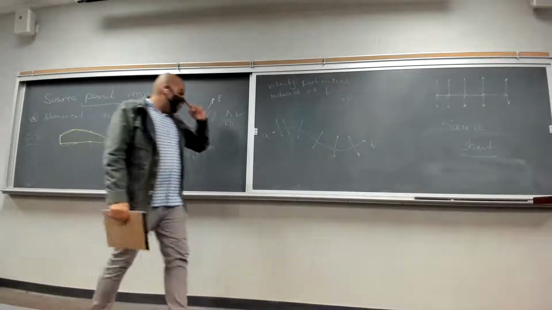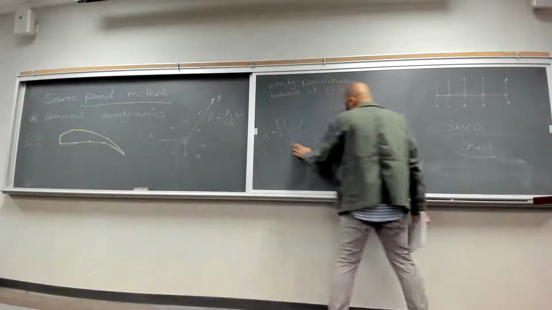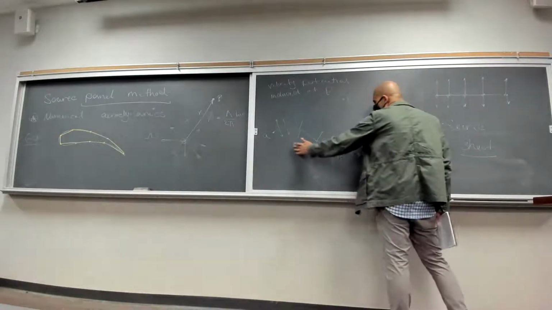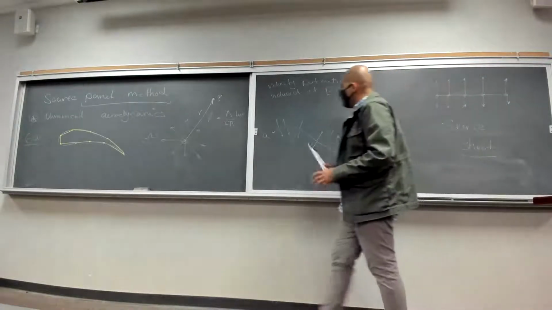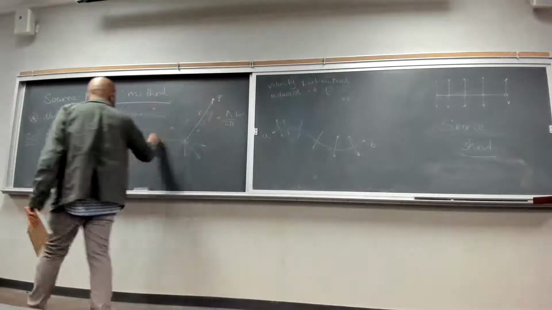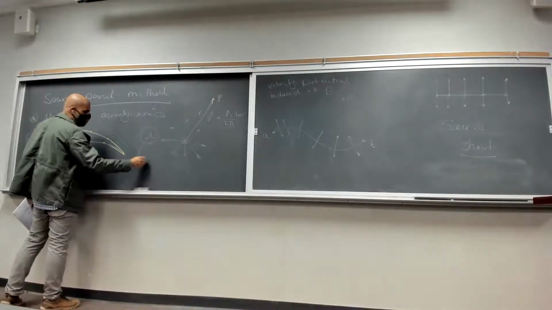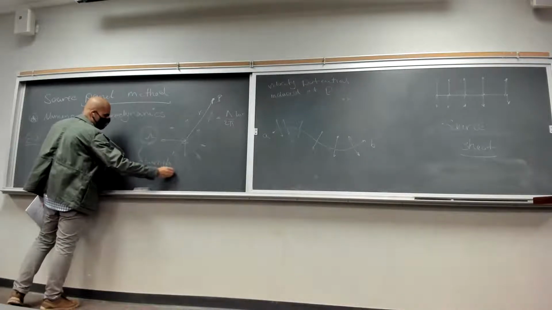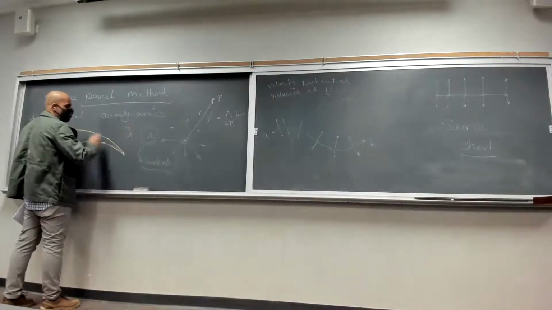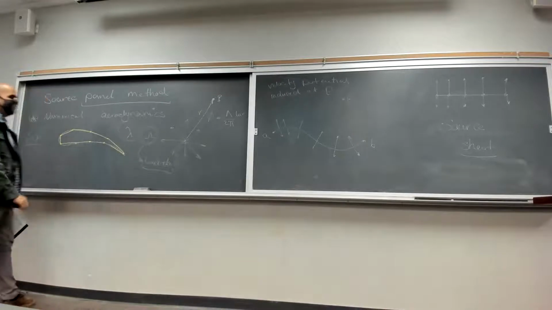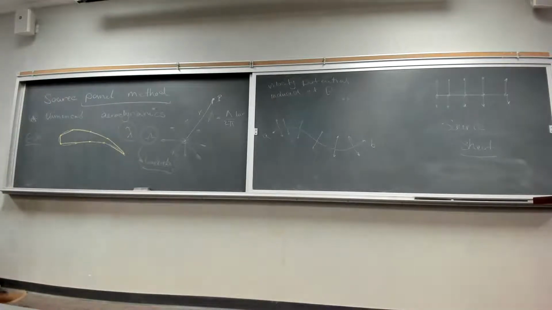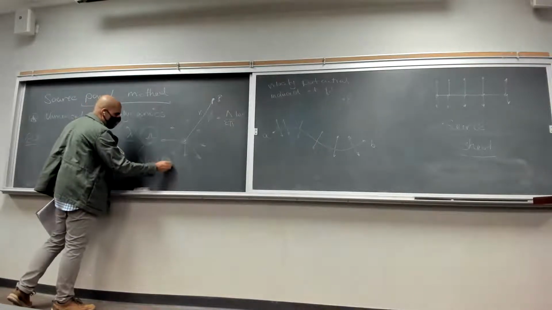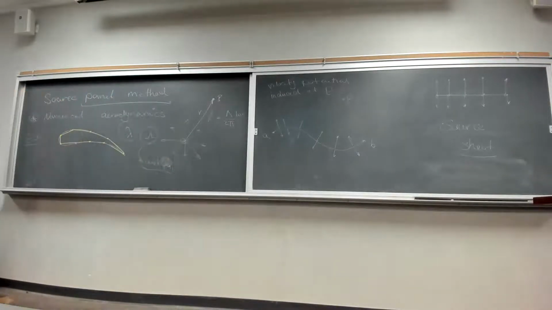Okay. So we want to find the velocity induced by this source sheet, and this is the capital letter Lambda, and this is the small letter lambda. Okay, so we understand this part.